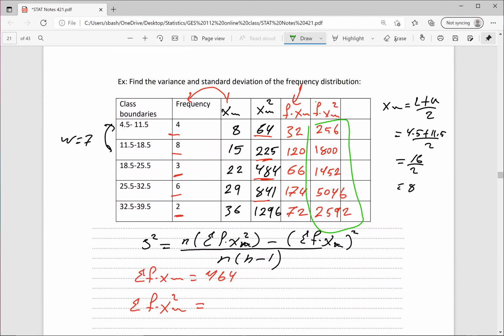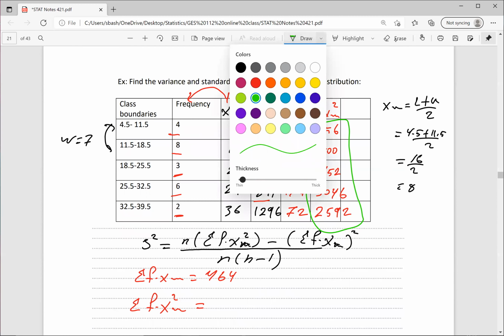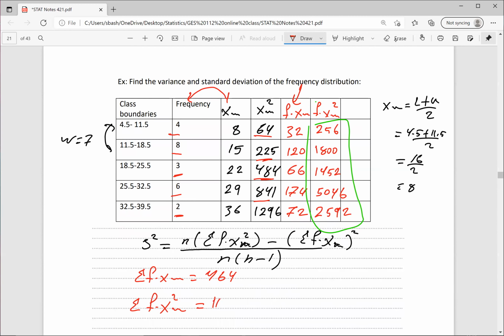So I have 256 plus 1800 plus 1452 plus 5046 plus 2592. That will be 11,146.